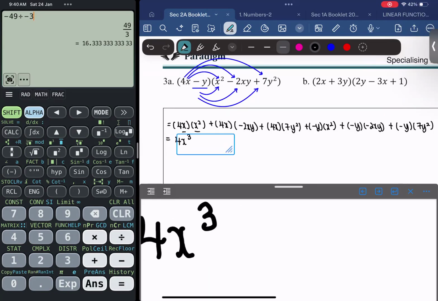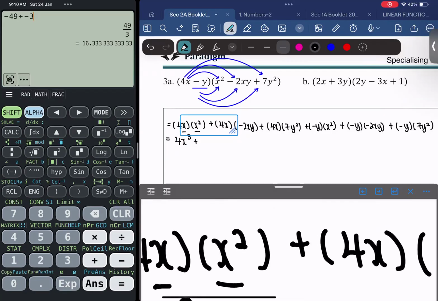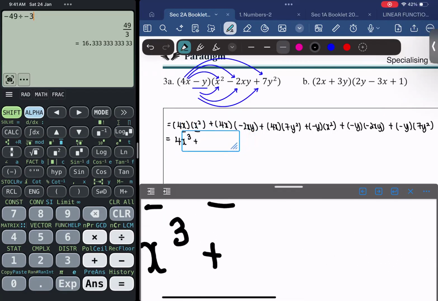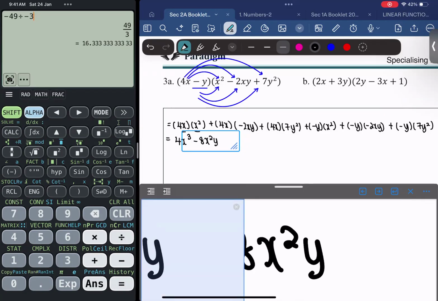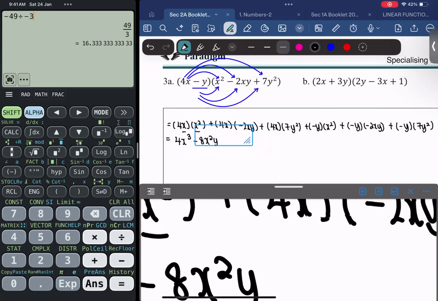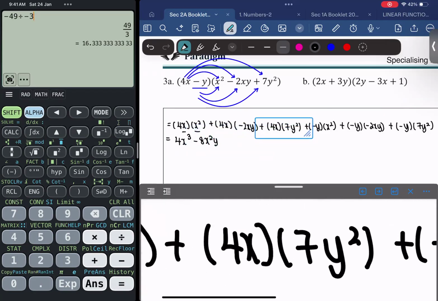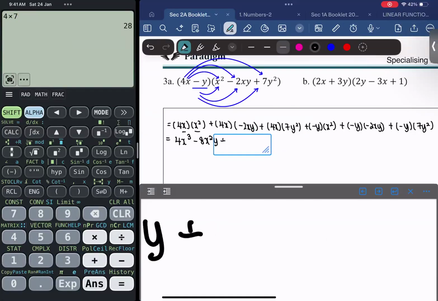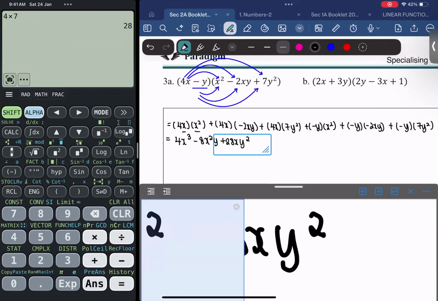Next one, plus 4 times negative 2, which is negative 8 x squared y. There are two x, 2x. Next one, 4 times 7, 28xy squared.